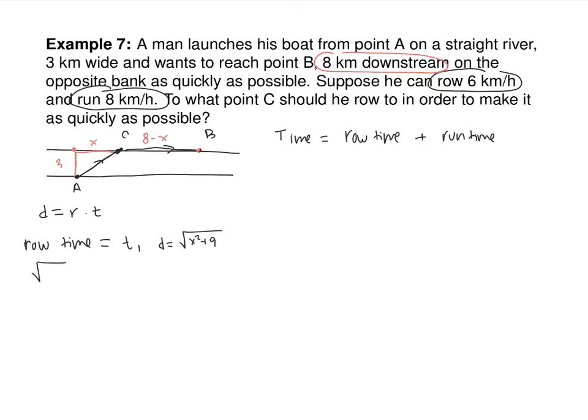So we have root x squared plus 9 as his distance. Do you know his rate at which he can row? 6 times T1. So T1 will be equal to 1/6 root x squared plus 9. Does that make sense? Because we know the distance is that expression that has the x squared in it. The rate is what we were given in the problem.